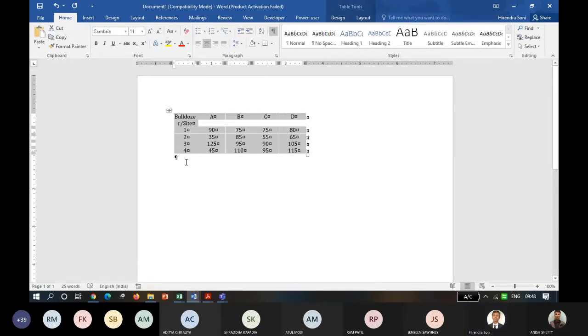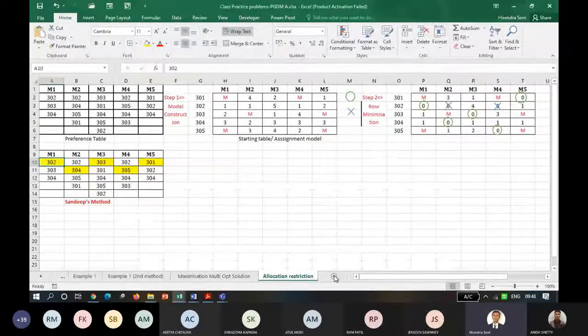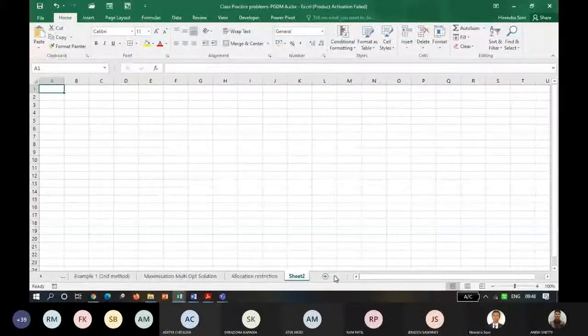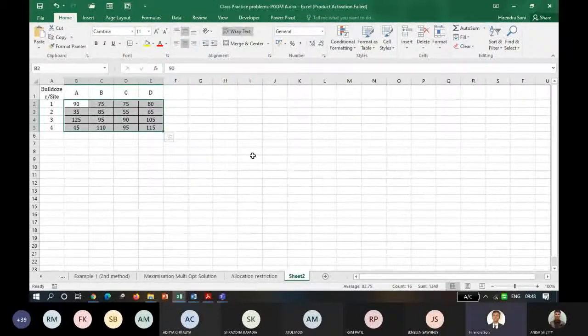Now I will show you the next method of solving. Okay, this method is available in Excel itself using Solver.